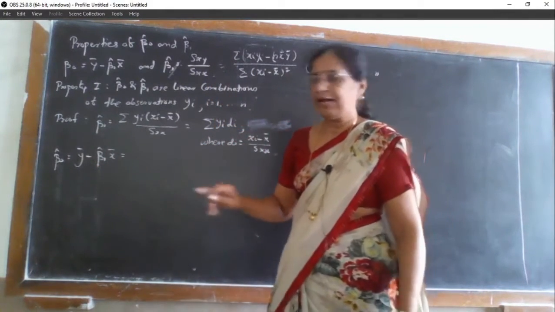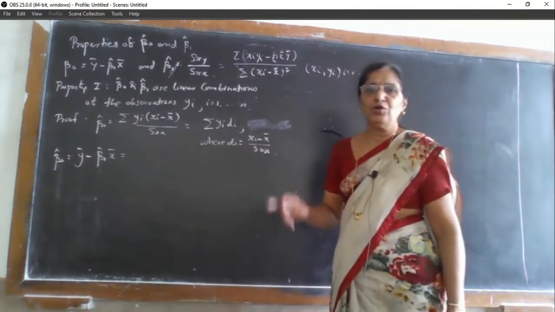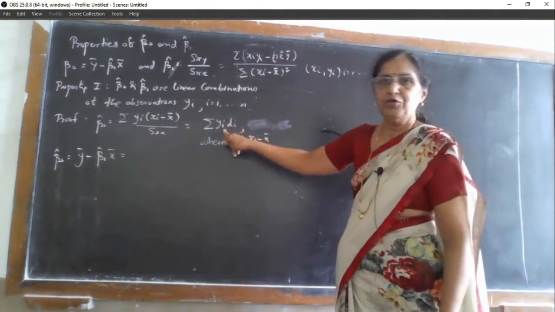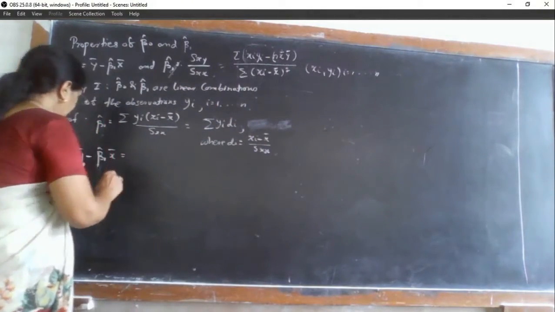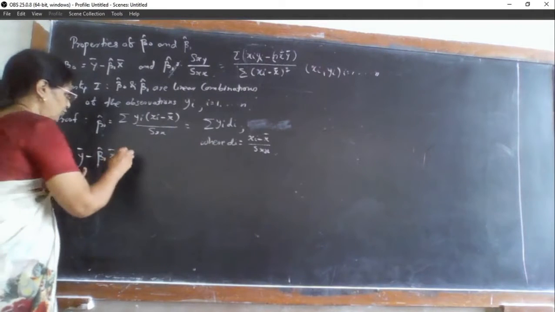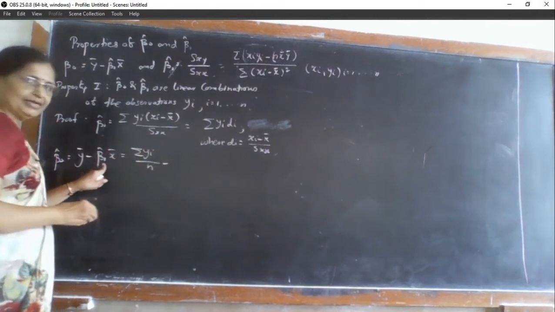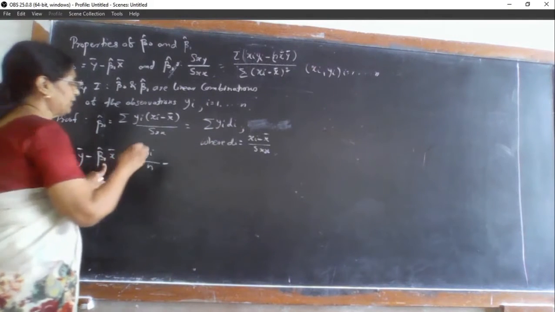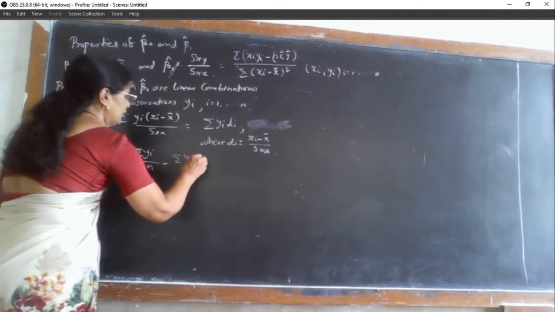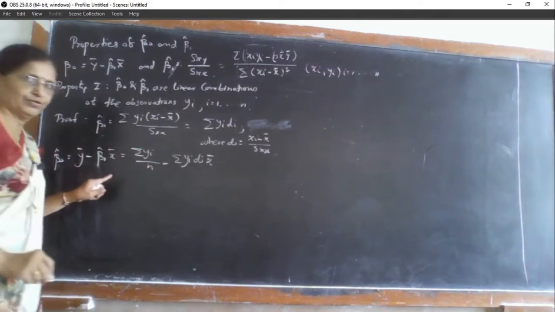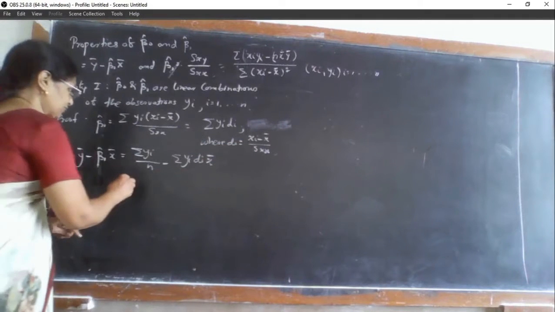Therefore, beta naught cap you can write as y bar minus beta 1 cap x bar. Now we will show that this beta naught cap is also a linear combination of yi. How will you show it? Your y bar is summation of yi upon n, minus beta 1 cap, which is summation of yi di, into x bar. And di is (xi minus x bar) upon Sxx.